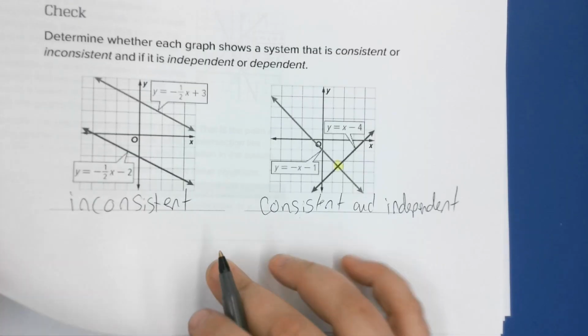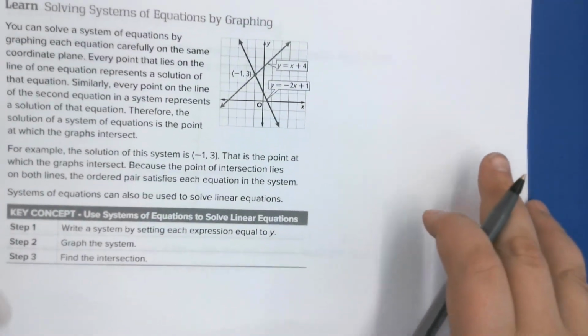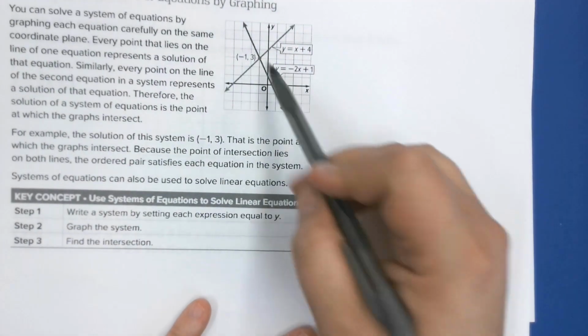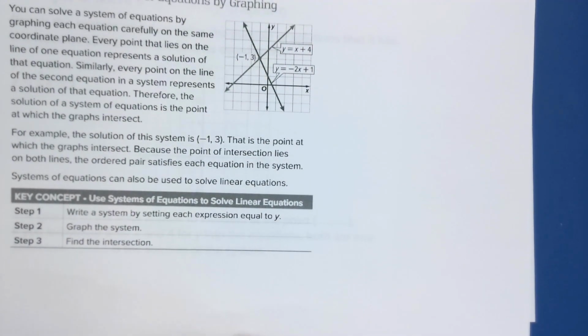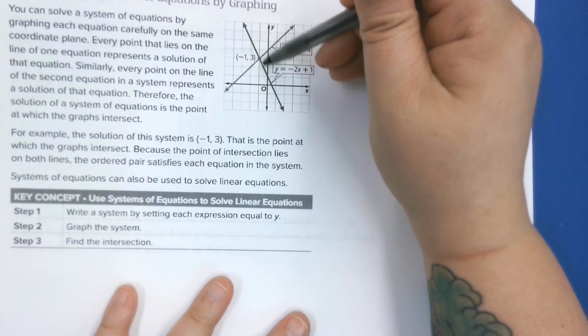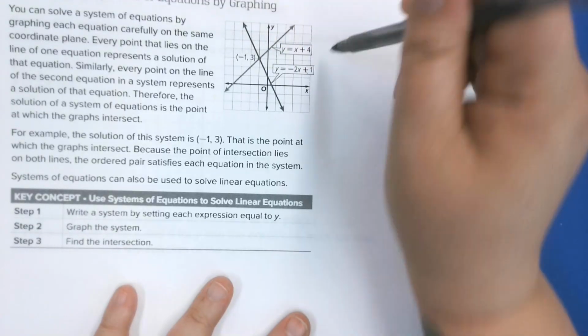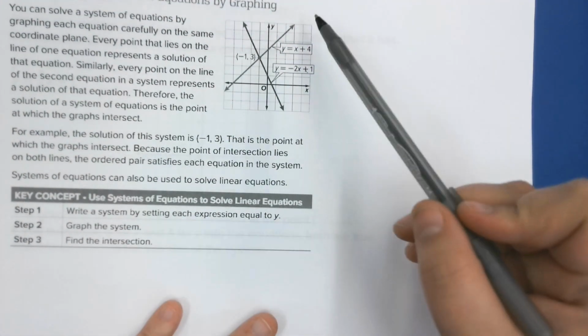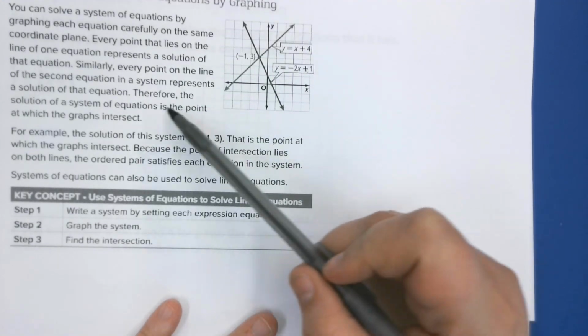Moving on to example number 2. Before that, we have another section where we need to learn. We can solve a system of equations by graphing each equation on the same coordinate plane. Every point that lies on the line of one equation represents a solution of that equation. Similarly, every point on the second equation represents solutions to that equation.